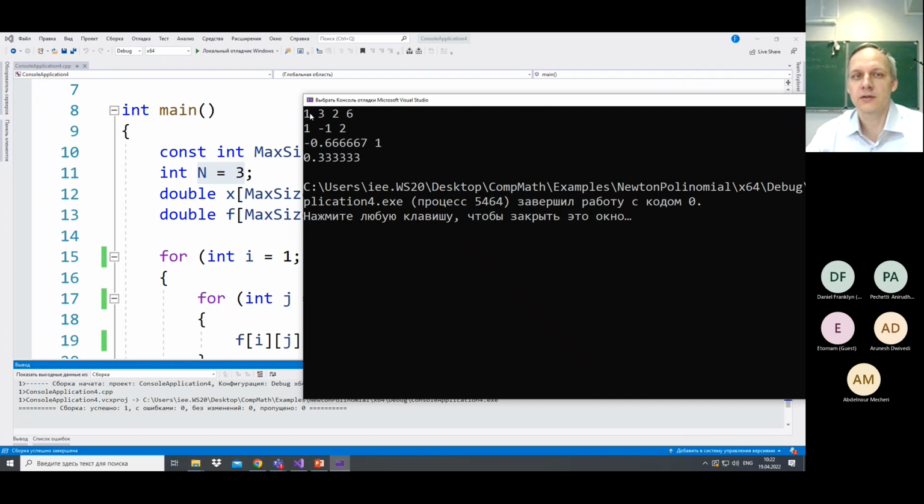These are the values of f, 1, 3, 2, 6. The next line, first divided differences, 1 minus 1, 2. Next line, we have only 2 values, minus 3, 2 over 3, and 1. Next line, only 1 divided difference.